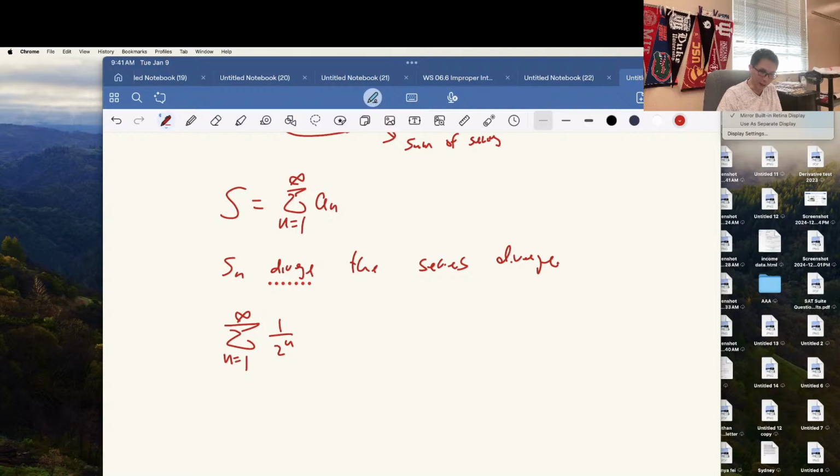We're going to write our first few terms to show you what happens. It'll be 1/2 plus 1/4 plus 1/8 plus 1/16, and then we keep on going, because it is infinite.